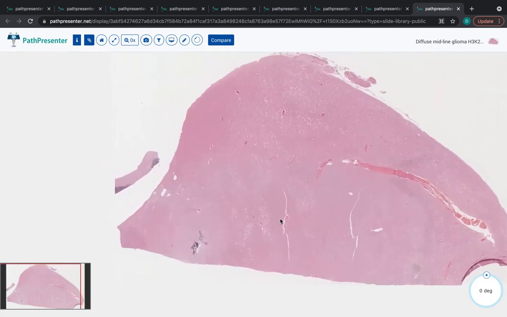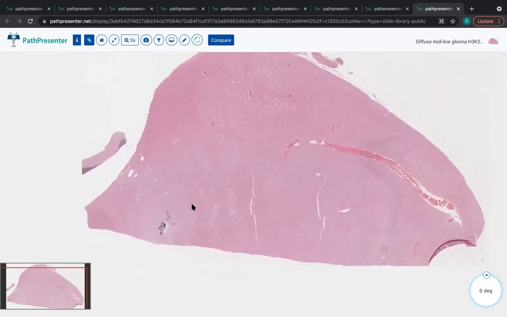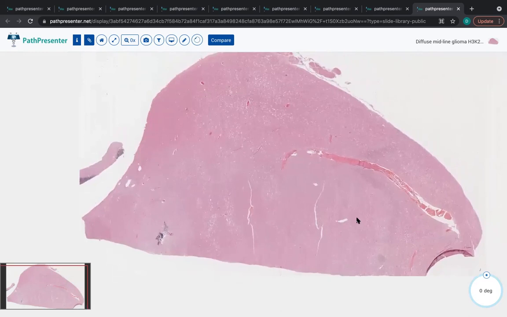So this section is maybe a little difficult to make out, but you can kind of see the striations at the basis pontis here. It's hemisected and oriented sideways.